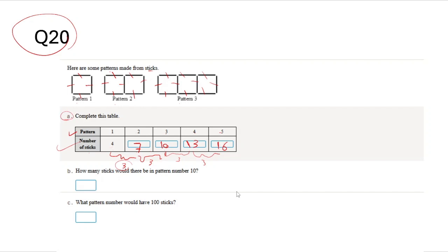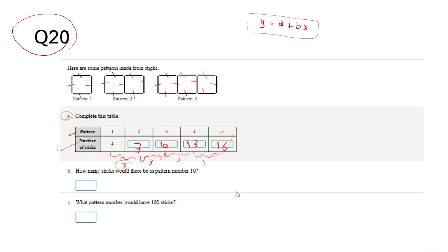question A. Okay, now if you can see, this is a linear expression. It contains y equals a plus bx. Okay, this is a linear equation.